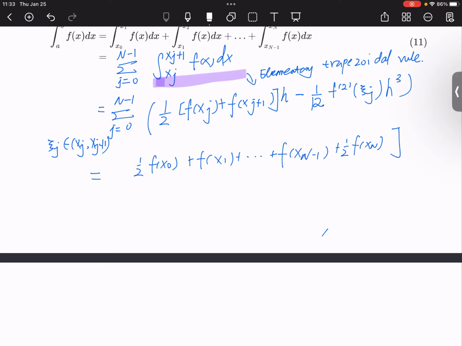So what about the error term? The error term we have here is minus 1/12, and then I'm going to do the sums for all the constituents here.